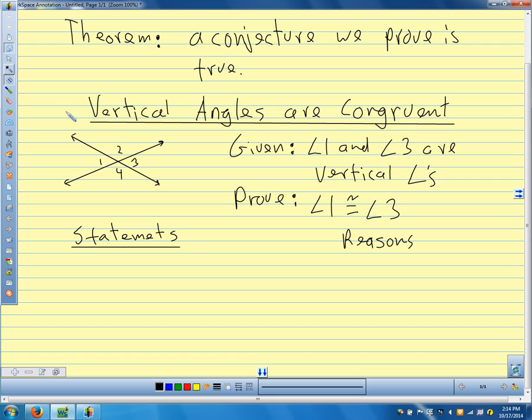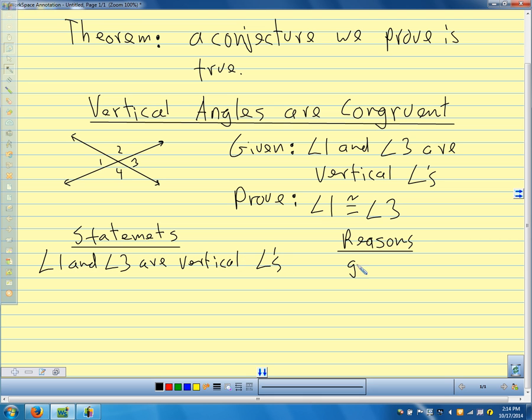So let's start out with our given. We don't always start out with our given, but we don't have much to go on here. Angle 1 and angle 3 are vertical angles. So that's given.